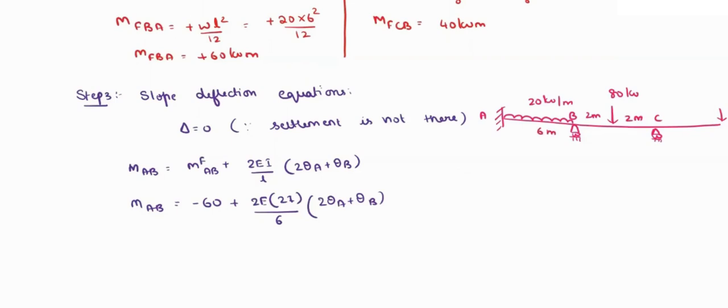And this is 6 meters, and this is 4 meters. The moment of inertia is 2I here, and here the moment of inertia is I. And this is 2 meters, which has a load of 40 kilonewton.